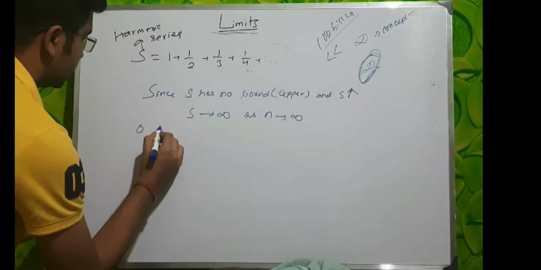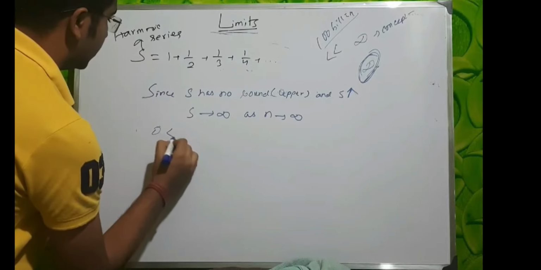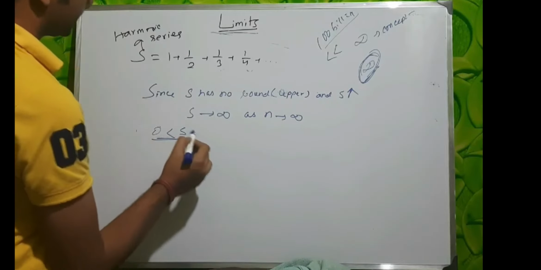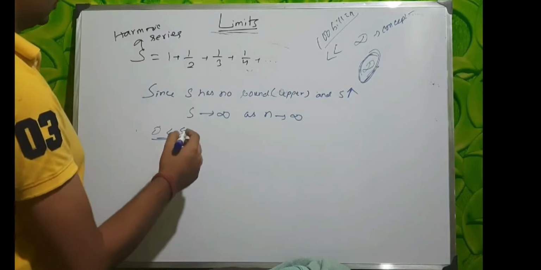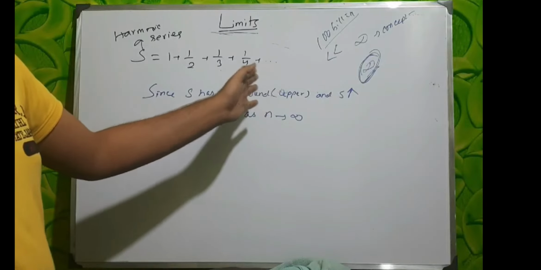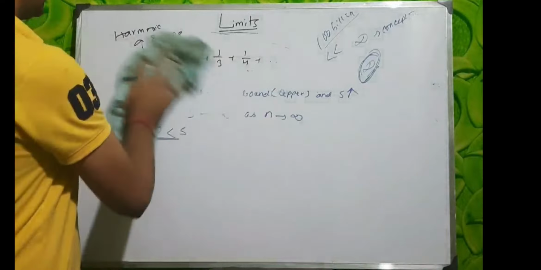So we can say, okay, we already know 0 is less than S, we already know that fact. And so S is approaching infinity as we increase our number of terms, as we take infinitely many terms. So we can see that.